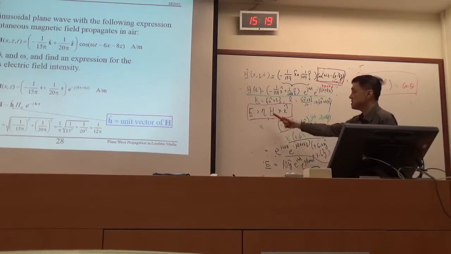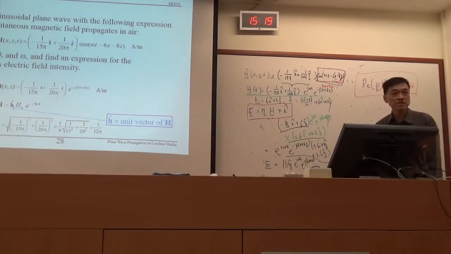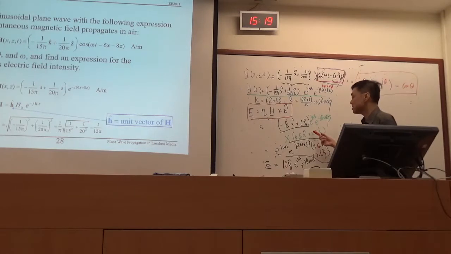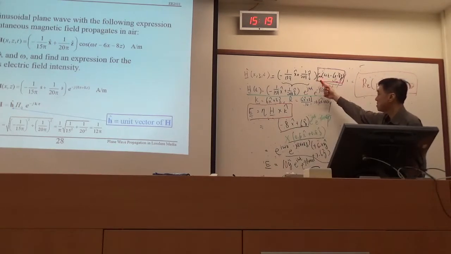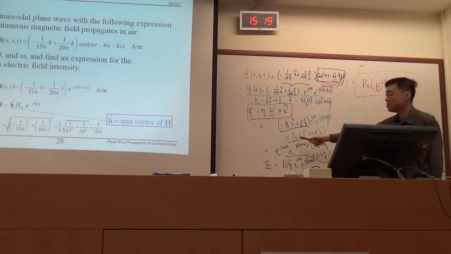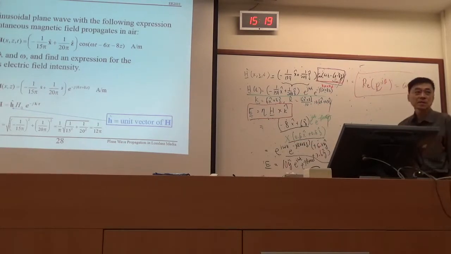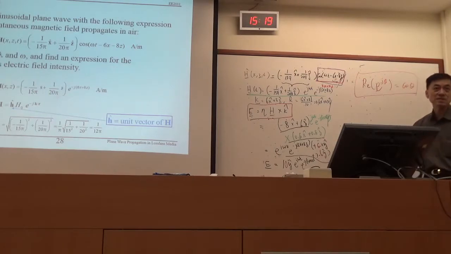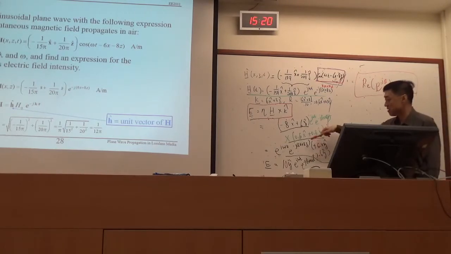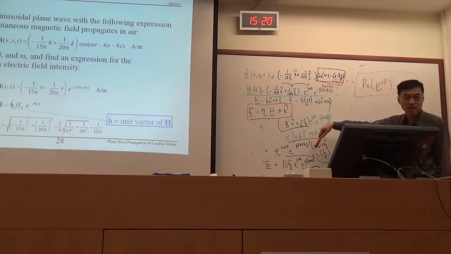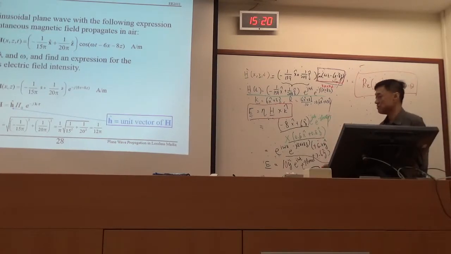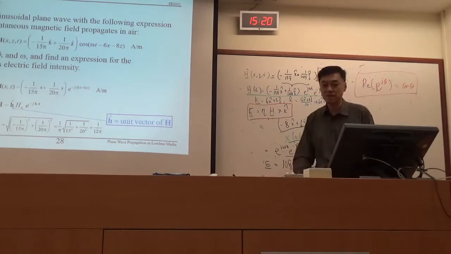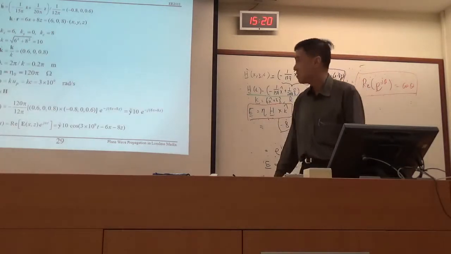I write down eta, which is for free space, H in phasor form cross the unit vector of K. When you do all these calculations, do it carefully. Just now I made mistakes already. Make sure that you cross it, get the direction correct and the magnitude correct, so you get the final answer. Once you get the final answer, you convert it back.